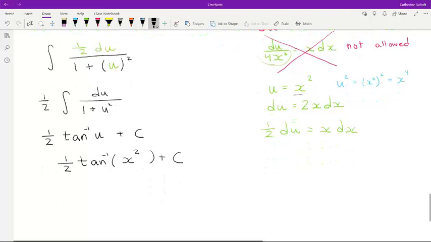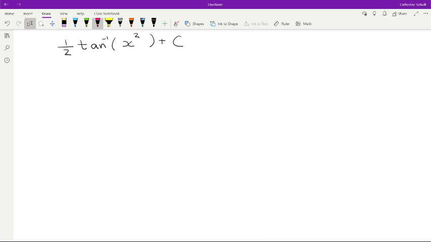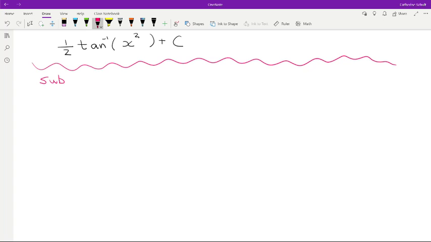Okay, so that was the substitution rule for indefinite intervals. Let's look at the substitution rule for definite intervals.